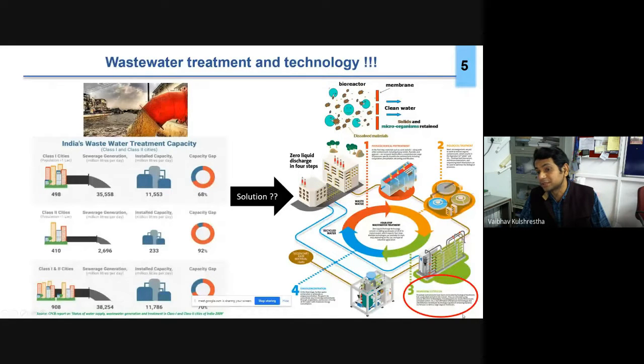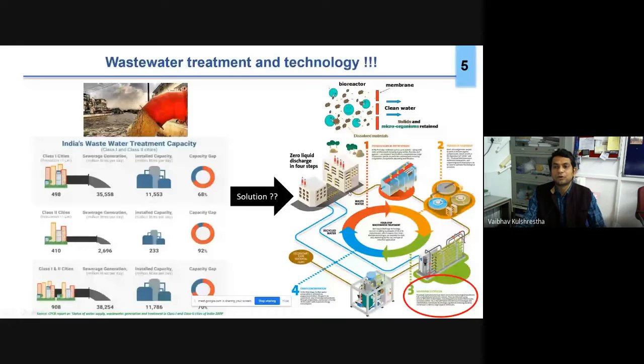Here membrane filtration comes into the picture. These are the different types of membranes, it may be RO, NF, or UF membrane. Then finally we can evaporate and concentrate this water for our use.